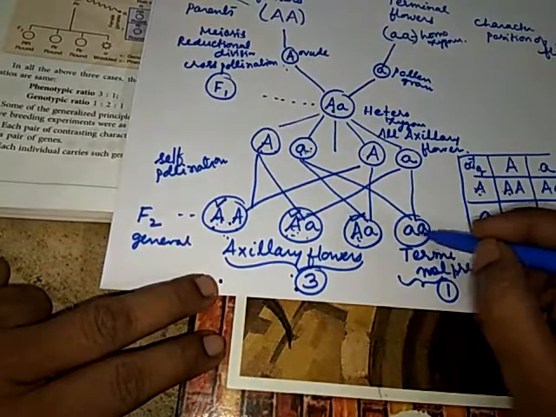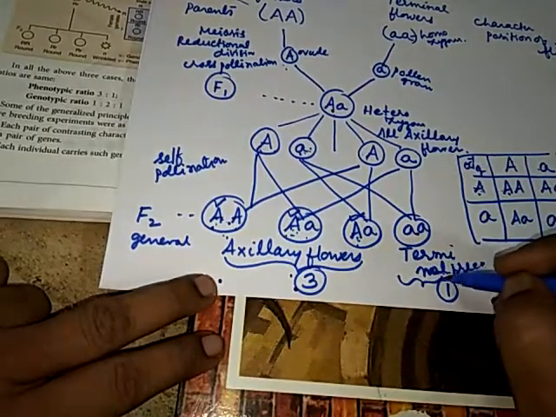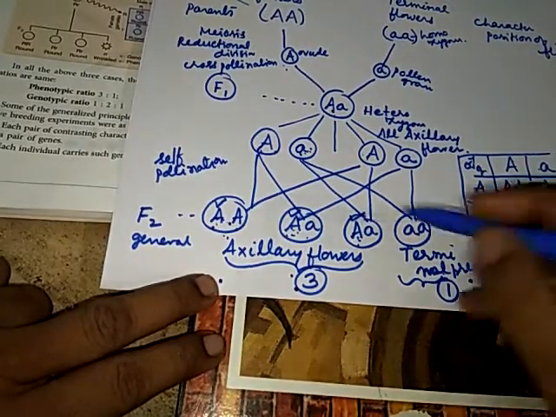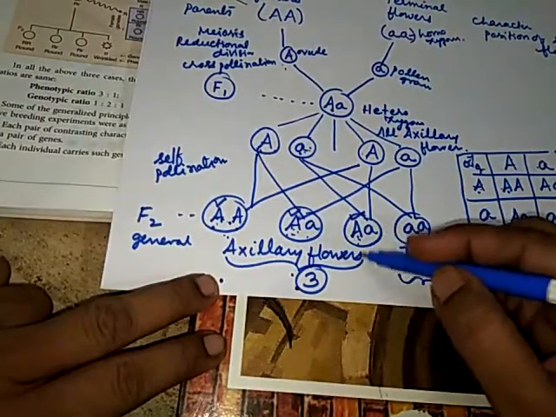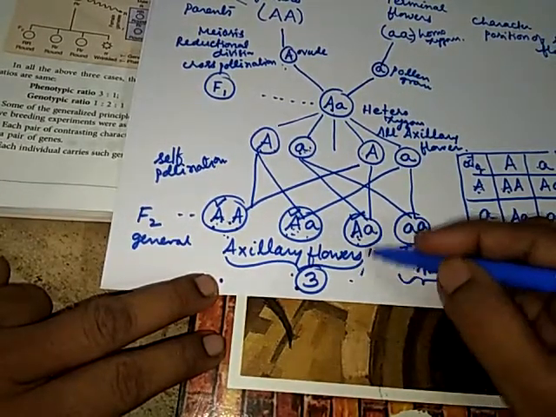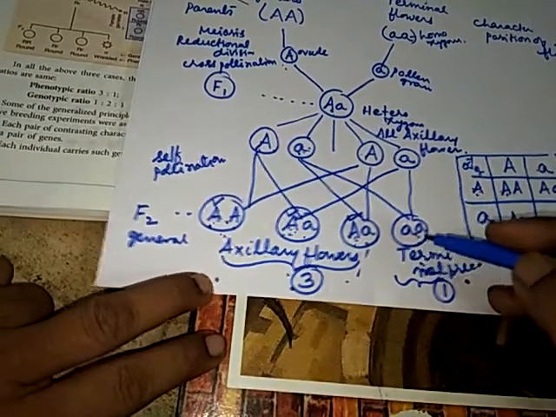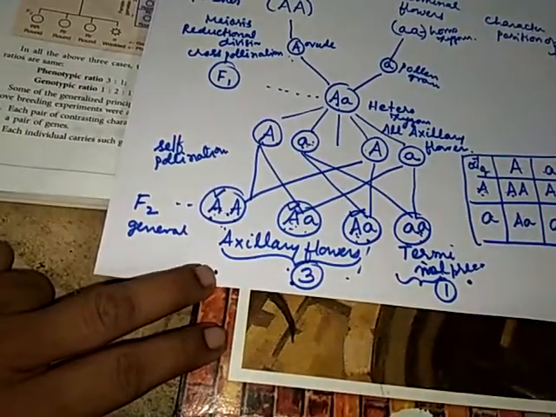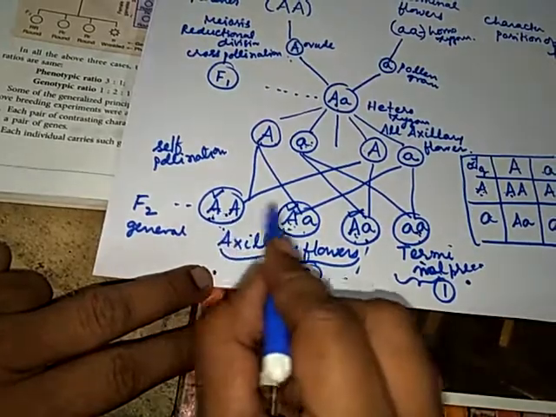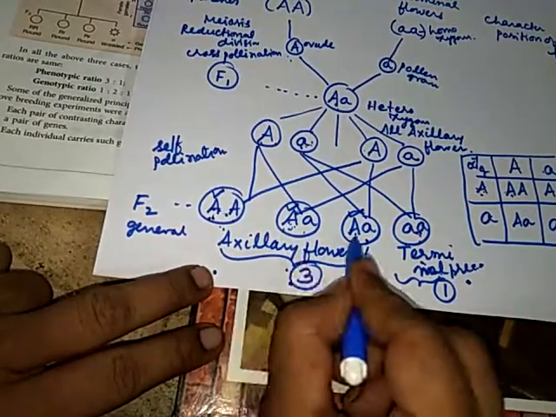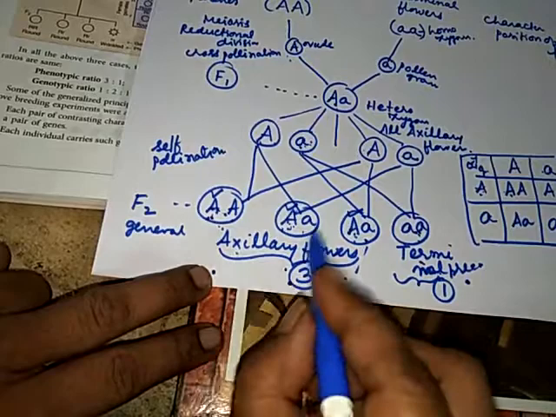Only one case is terminal flower, that is 75% showing the dominant phenotype. One is only the recessive one, the recessive homozygous. Here, dominant homozygous and dominant heterozygous are also axillary.